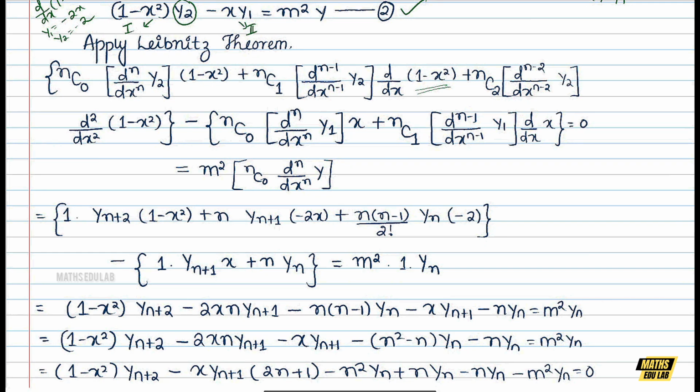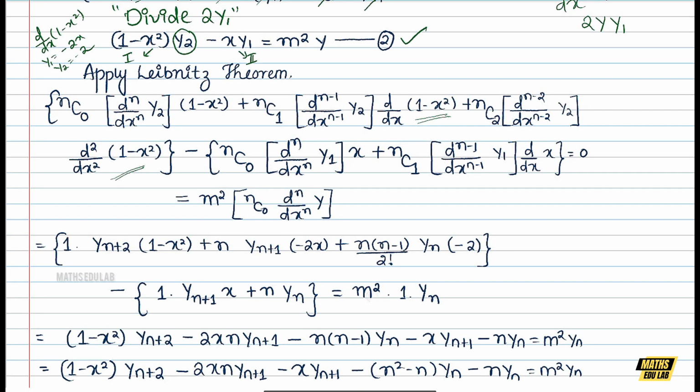By following the same steps, nC2 d^(n-2)/dx^(n-2) of y2, and the second derivative of 1 minus x^2 will be written like this. The same steps have to be followed for the xy term also, which equals m^2. Since m^2 is a constant value, we take only nC0 because it is a recurrence function, there is no non-recurrence function.